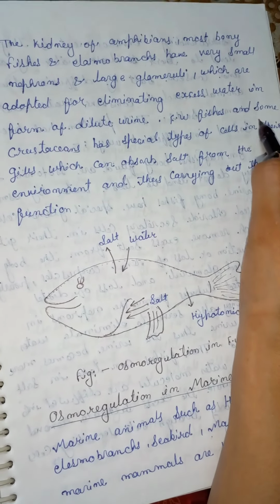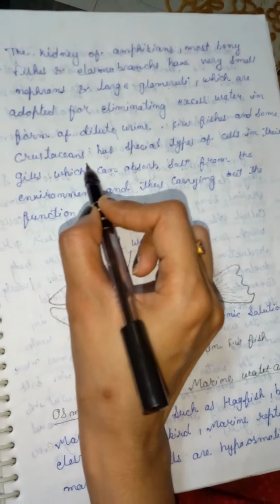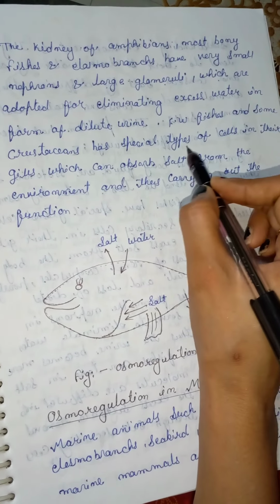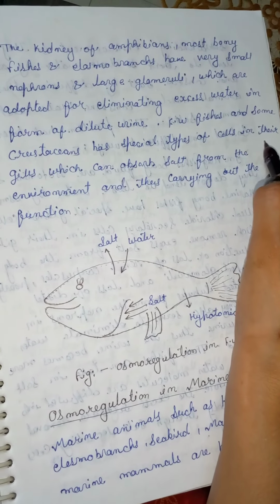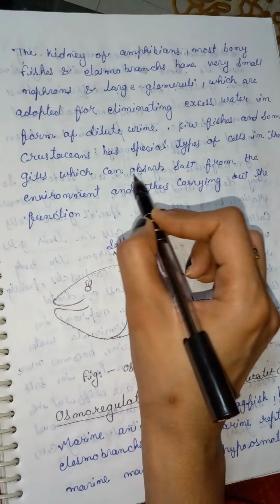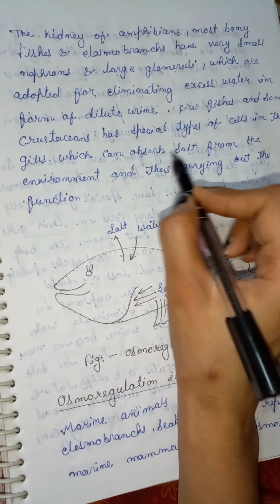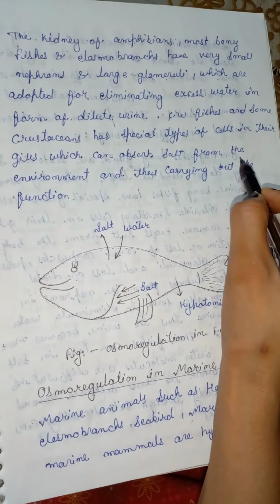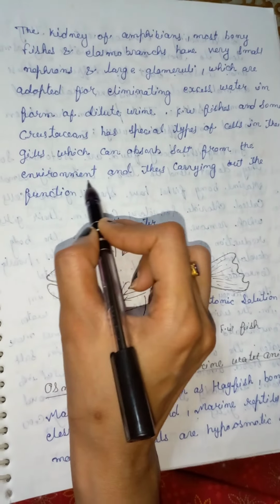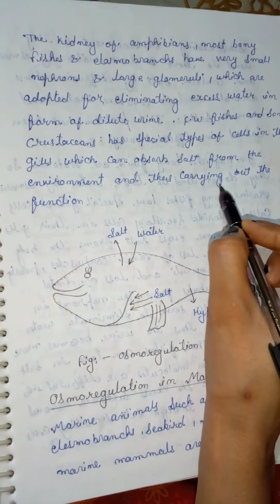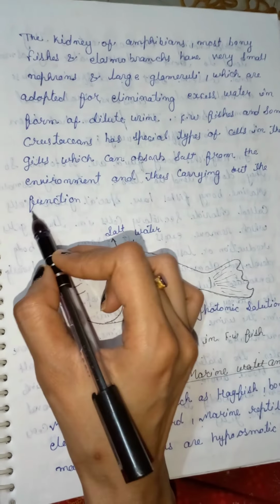Freshwater fishes and some crustaceans have special types of cells in their gills which can absorb salt from the environment and thus carry out the function.